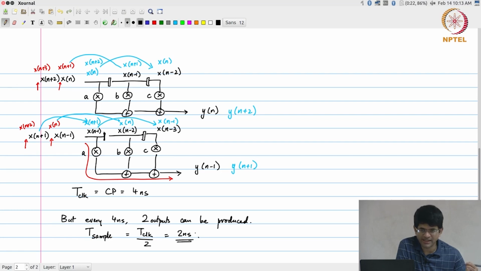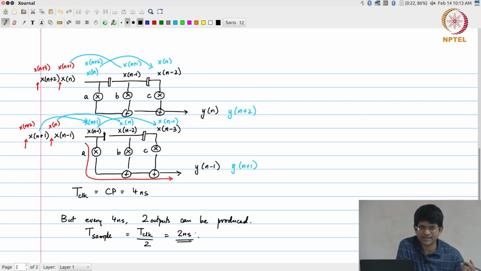It is possible to arrange the data in such a way that the computation can actually be done at twice the throughput. In order to understand this a bit more clearly, you probably want to contrast this with the case of the IIR filter, right. I will leave that as an exercise for you to go through. Try and see if you can do something similar for the case of the IIR filter, and you will find that you cannot because of that dependency, right.